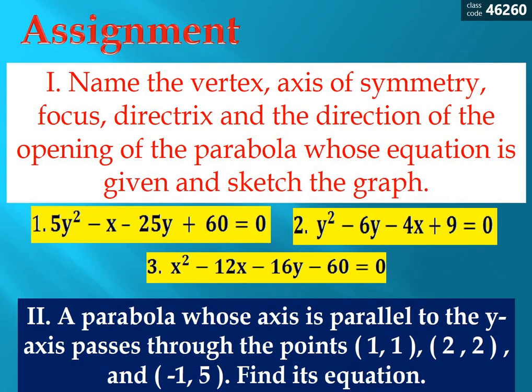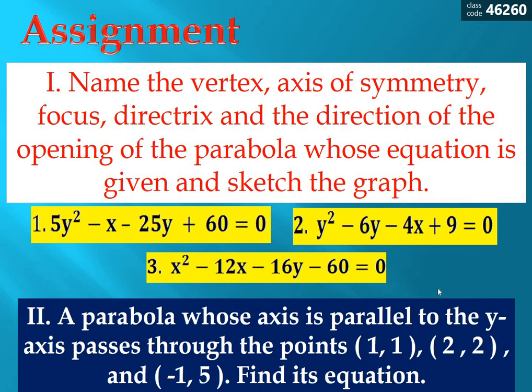And here the assignment is also given. Name the vertex, axis of symmetry, focus, directrix, and the direction of the opening of the parabola whose equation is given, and sketch the graph. Number 1 is 5y squared minus x minus 25y plus 60 equals 0. Number 2 is y squared minus 6y minus 4x plus 9 equals 0. And lastly, x squared minus 12x minus 6y minus 60 equals 0.